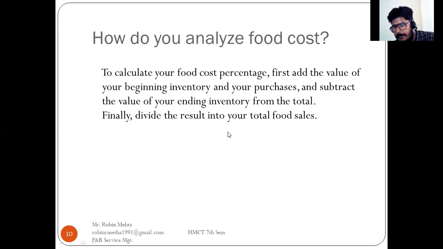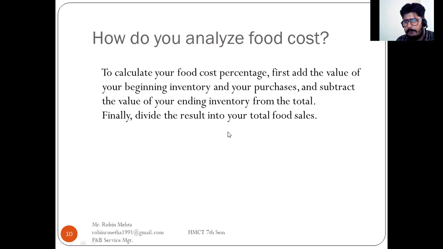Next, how do you analyze the food cost? To calculate your food cost percentage, first add the value of your beginning inventory and your purchases, and subtract the value of your ending inventory from the total. Whenever you are calculating the food cost or the raw material cost, you take the value of the opening stock when you put the raw material into the kitchen or the store.